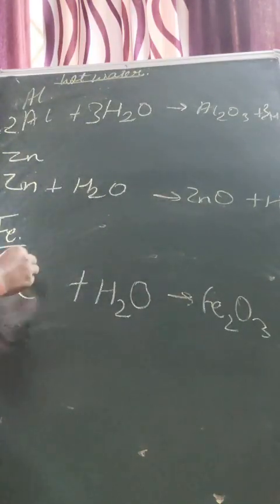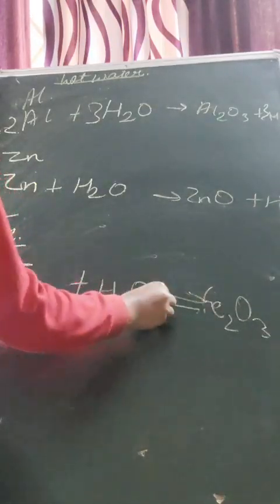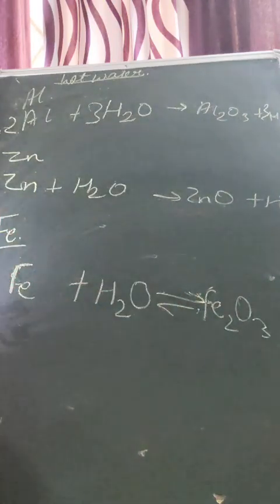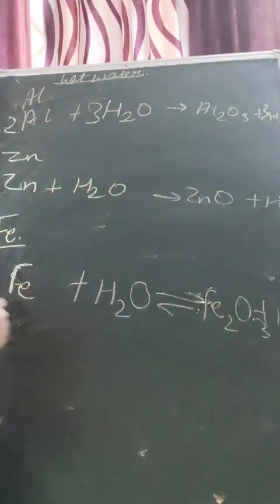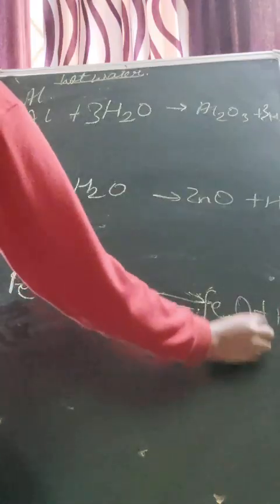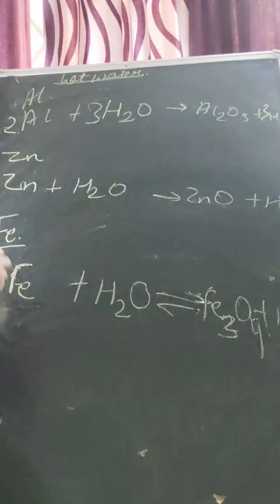Because this will make this reaction reversible. This symbol is the symbol for the reversible reaction. We give H2. Okay? Now, when we are taking 3Fe, means with valency 3, then it will produce magnetic oxide, which is also known as triferric tetraoxide.